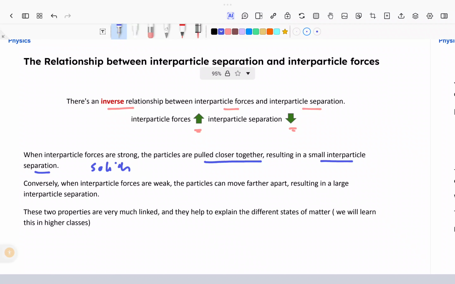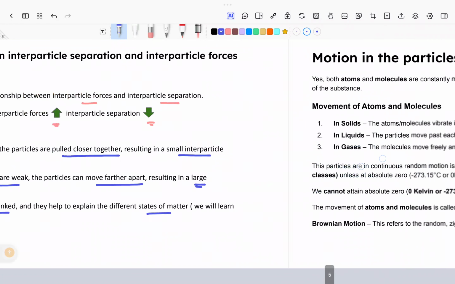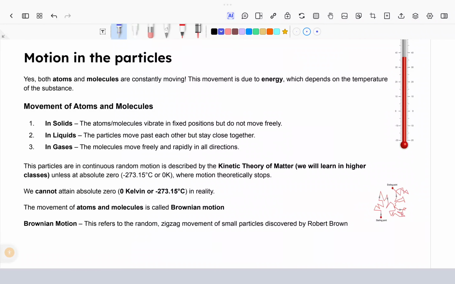Conversely, when the interparticle forces are weak, the particles can move further apart, resulting in large interparticle separation. These two properties are very much linked and they help to explain the different states of matter, and we'll learn this in higher classes.